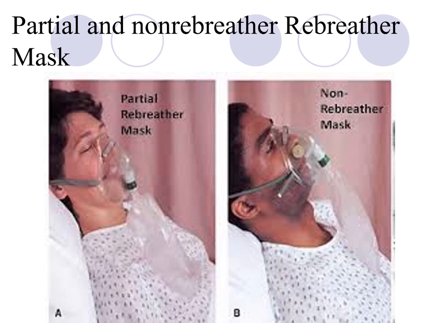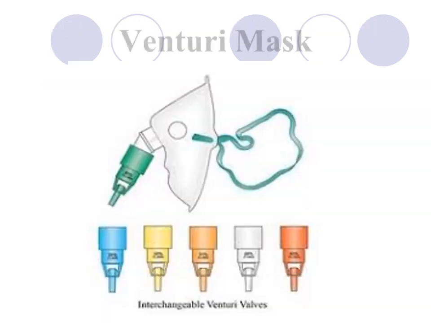So there are other types of mask, and each type will give a different concentration of oxygen, and it has its own use. We'll discuss that. And the Venturi mask has a valve that can be adjusted to adjust the concentration of oxygen.